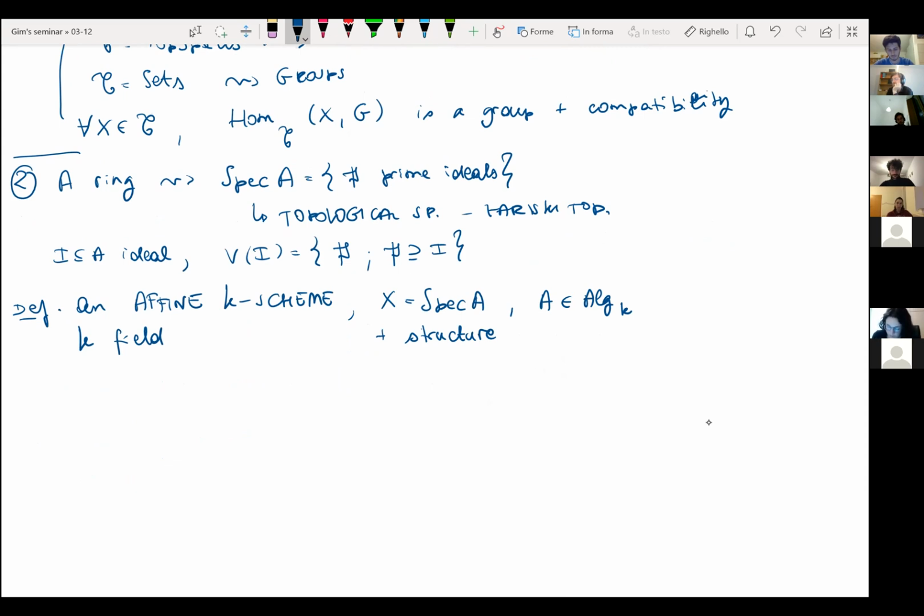We will consider from now on the category C of affine schemes over a field K. So you can actually think of them just as K-algebras.